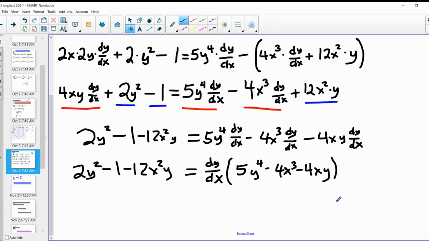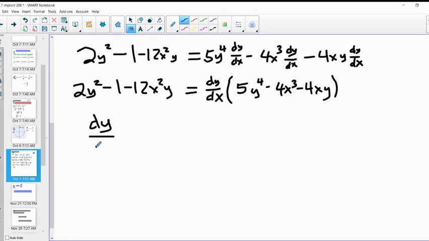And so if I'm solving for dy dx, I only have one step left here. I've got all of this stuff, these three terms that are multiplied by dy dx. I'm just going to divide both sides of this equation by those three terms. And so I'll end up with, here is my expression, dy dx. You want to amaze your friends, show them what you're doing.